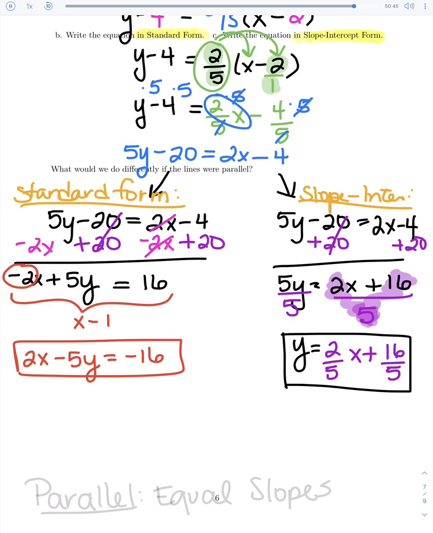So we had to do a little bit of extra work to find the slope by finding the equation of the line that they gave me, but then I wanted something perpendicular, so I had to both switch its sign and flip it upside down. Question, what would we have done had they wanted a line that was parallel?